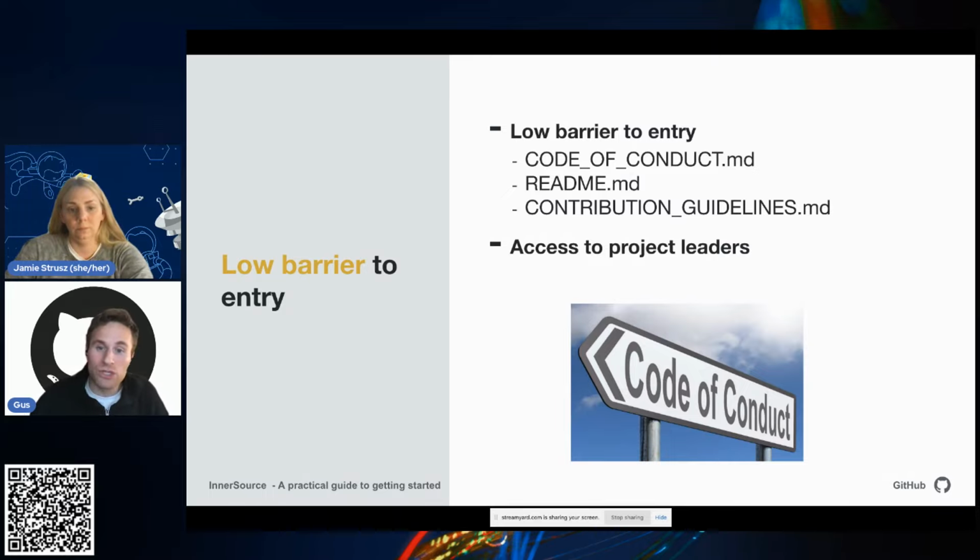With that, you also have the code of conduct, which I mentioned before, to make sure that everyone is working in a safe, transparent way that is going to be beneficial for everybody inside of the project to abide by. And then finally, just an effective README.